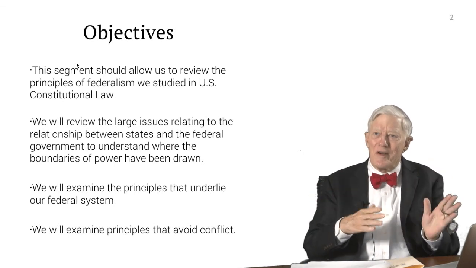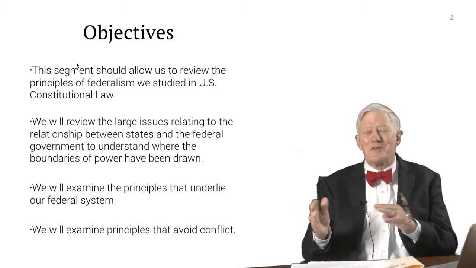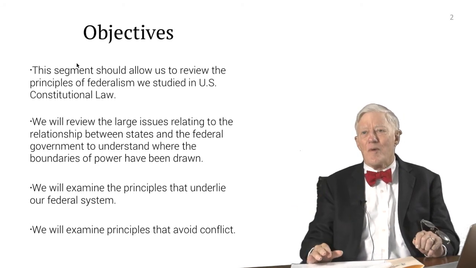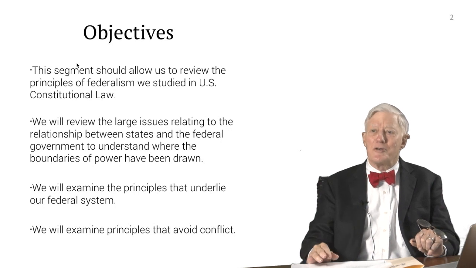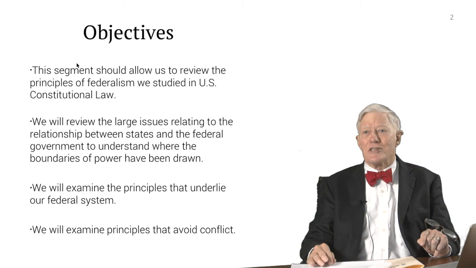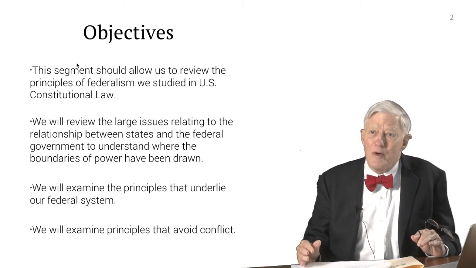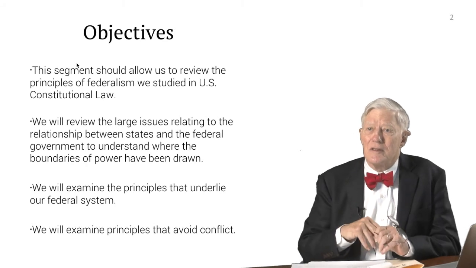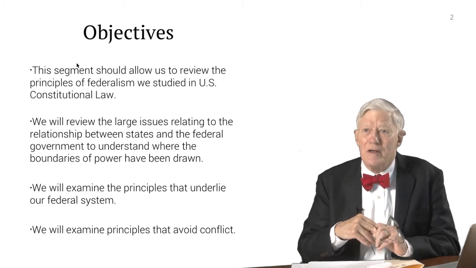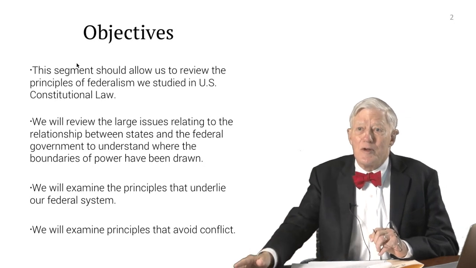What powers are given to the federal government and what powers to the state government? And those are largely derived from a review of the U.S. Constitution originally, looking at Article 1, Sections 8, 9, and 10 of the Federal Constitution. It may help you as you follow through this segment today to have a copy of the United States Constitution available to you.